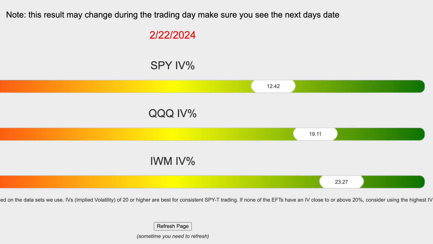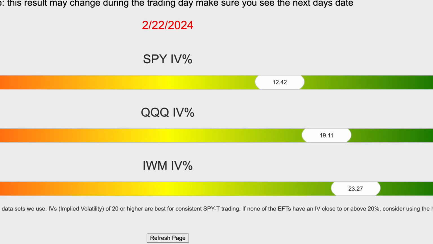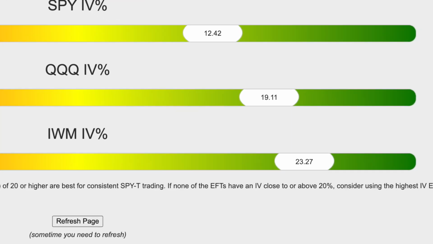However, over time, that went below 20 and even further. And so I switched over to QQQ, which had more volatility. But then once again, that started getting under the 20s, and really between 20 and 30 IV is our sweet spot. And right now, IWM fits that bill.